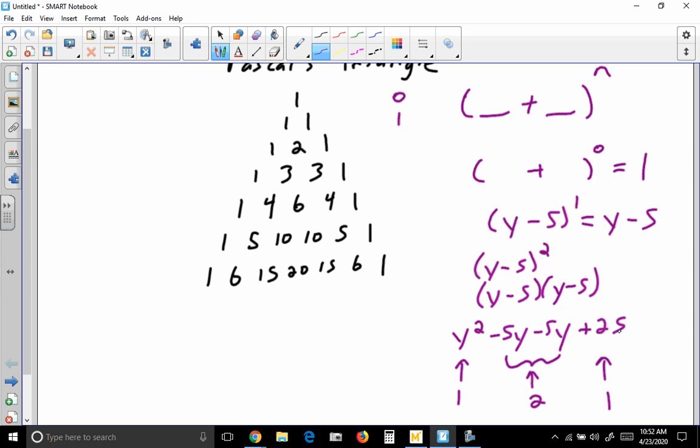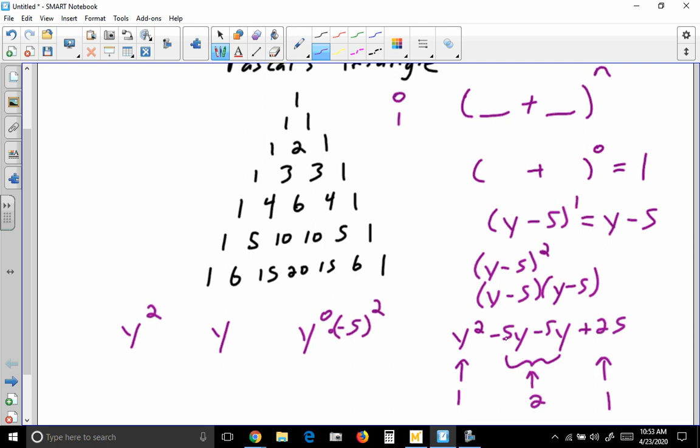Now you might say, we have 125, well, we had 5 to begin with. So if you look at y minus 5, we have a y to the second in the first term, and then we have a y to the first in the next term, and then we have no y's in the last term. With our minus 5s, we have a minus 5 to the second here. Minus 5 times minus 5, so this term has a negative 5 squared.